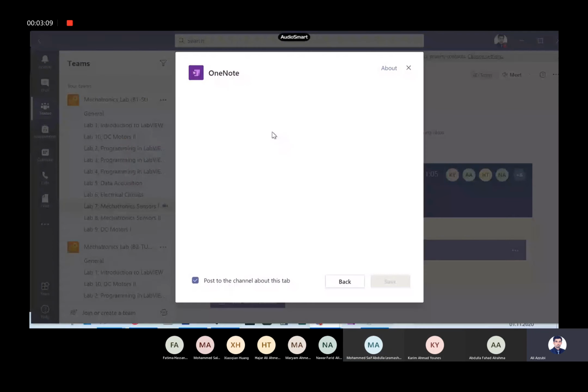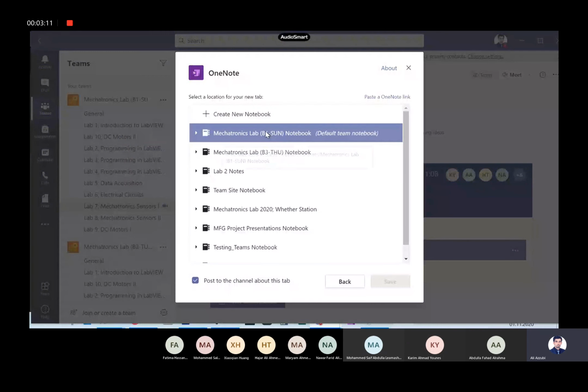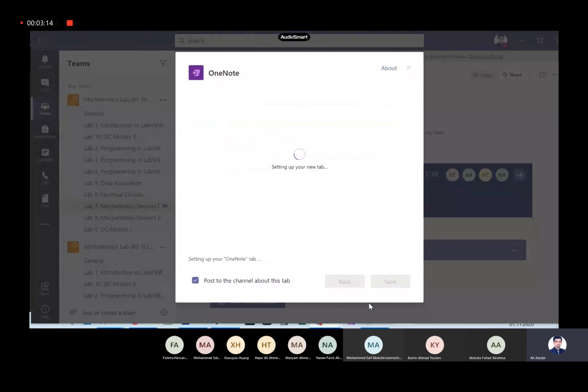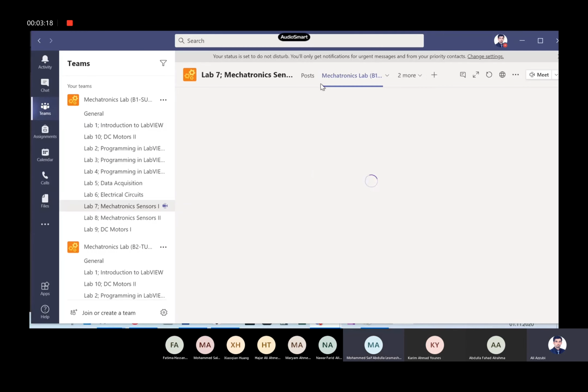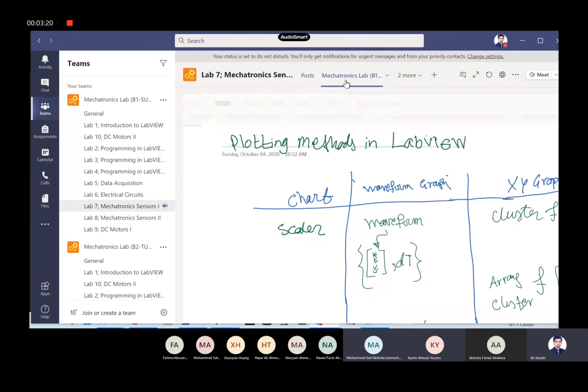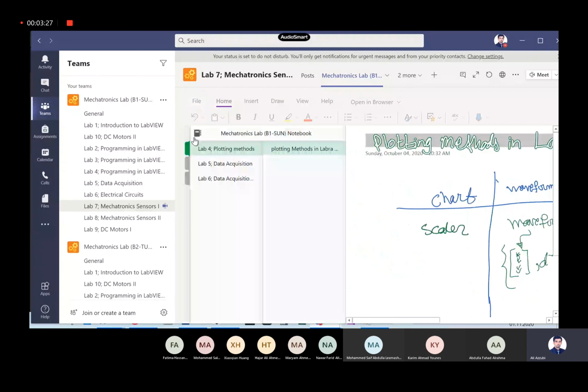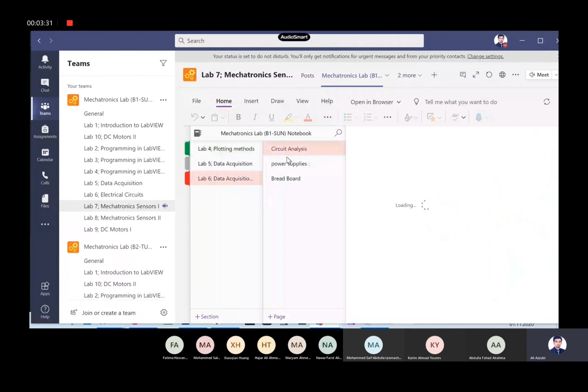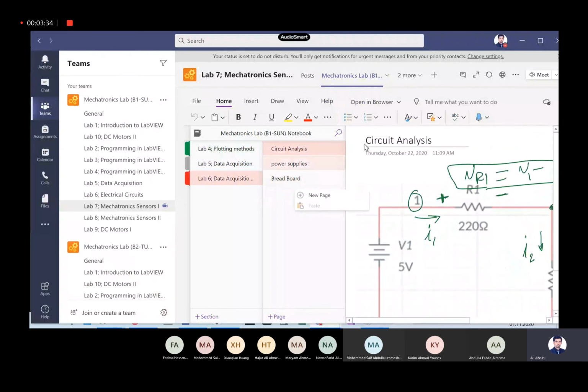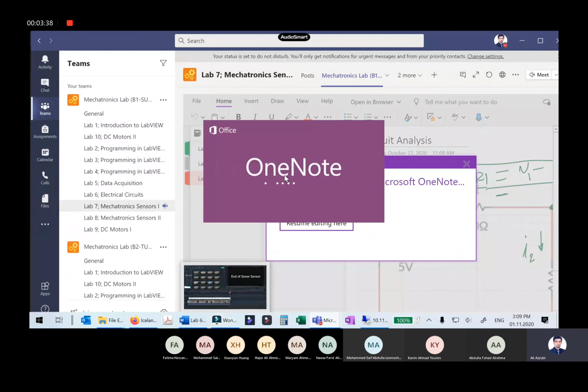I'll show you why. Let's open OneNote like this. Guys, are you able to see these notes? Yes, Teams. Very useful. So this is nice. Okay, good to hear that. Let's add a note on Lab 6, the last lab. Let me open it in the desktop app. What happened with the video?